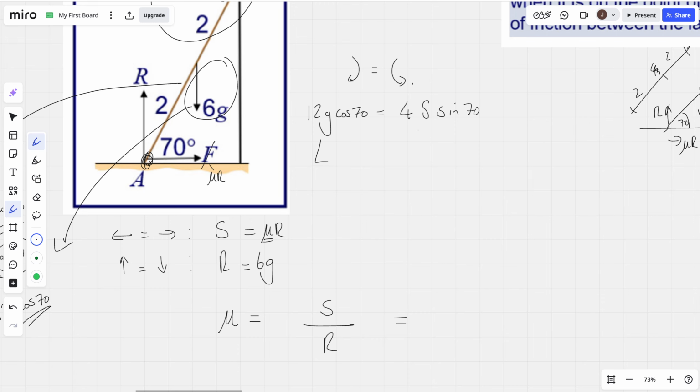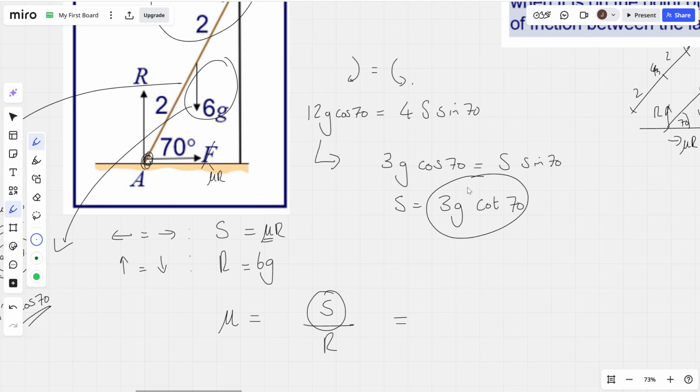Let's do some extra work with this one here to get S on its own. If I divide by 4 both sides, I get 3G cos 70 equals S sine 70. They've both got 70 in them, so that's convenient because it means that S is equal to 3G cos over sine, which is cot 70. So the S part is 3G cot 70, and R is just 6G.